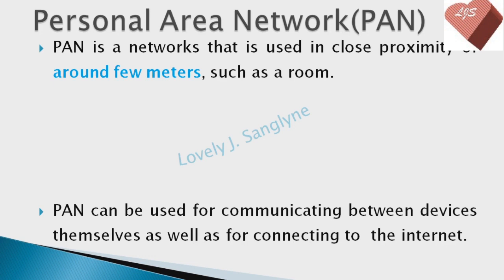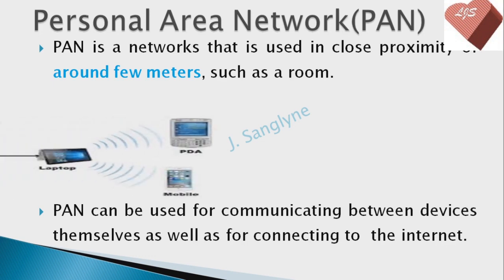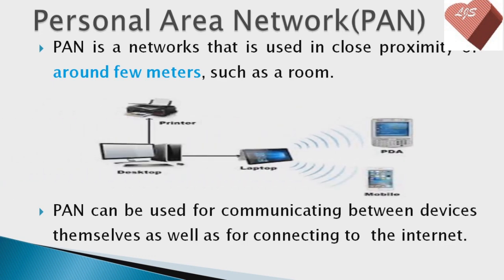The next type of network is PAN, or Personal Area Network. This type of network spans only around a few meters, such as a room. A PAN can be used for communicating between devices themselves as well as for connecting to the internet.